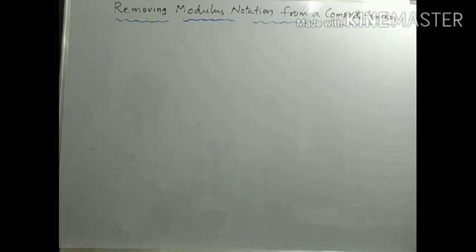Especially in the last video we discussed how to remove the modulus notation when a composite function is given to you. We discussed three cases: one is only modulus of p of x, the second is modulus of p of x plus modulus of q of x, and finally how to remove the modulus from the notation modulus of p of x plus modulus of q of x.